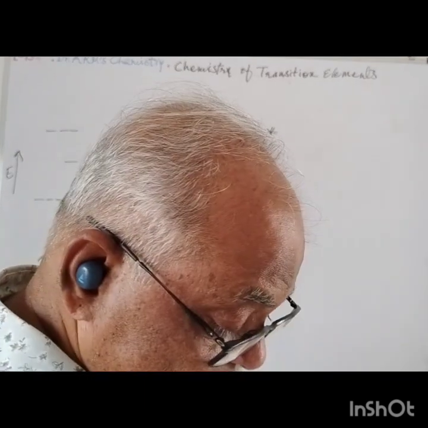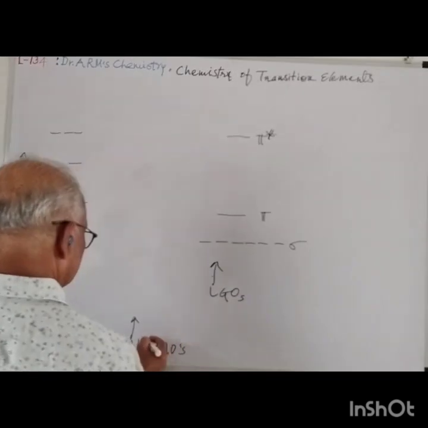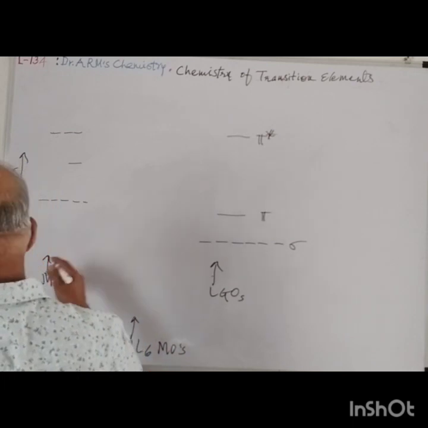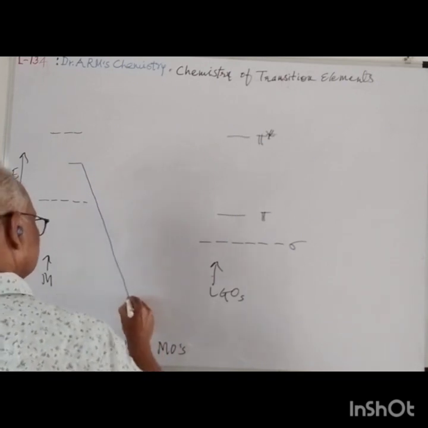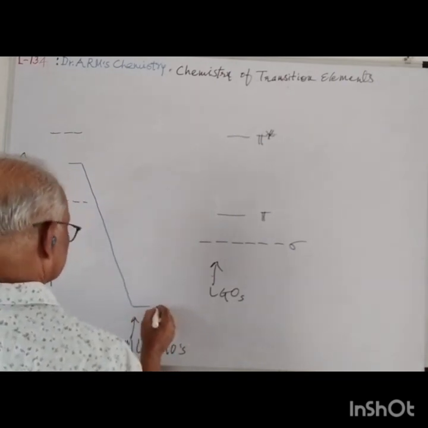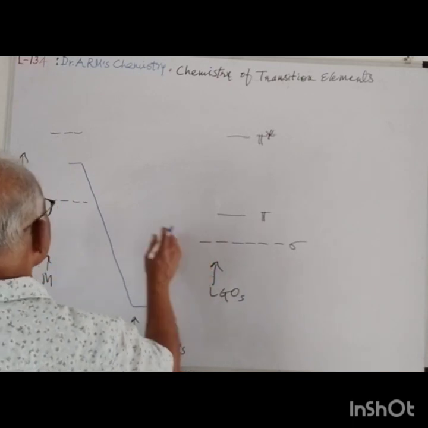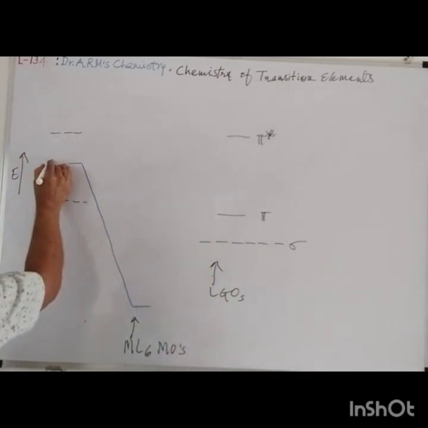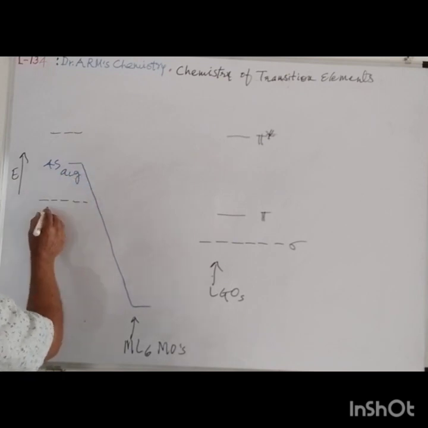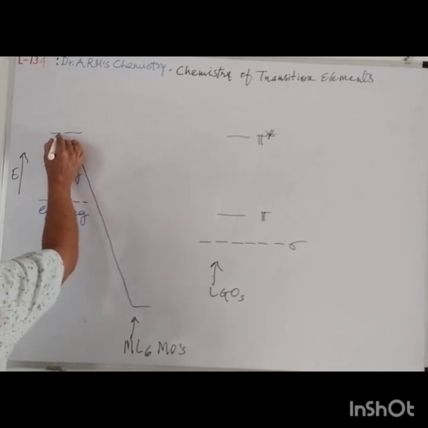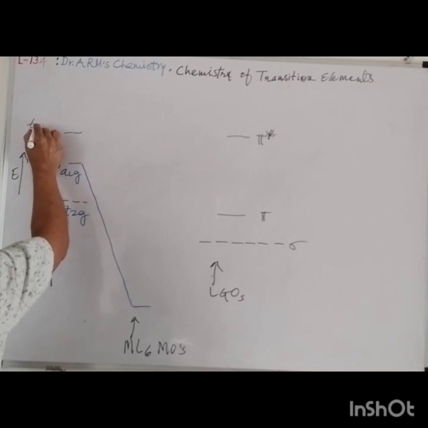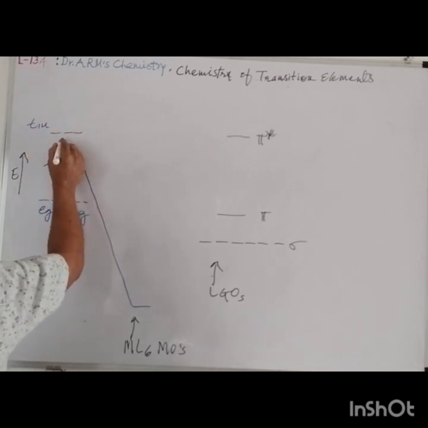Now we will have the molecular orbitals of these metal atoms. We will have the ligand group orbital of sigma symmetry and the metal orbital, that is the 4s of A1g symmetry. This will contain the Eg symmetry orbitals plus T2g symmetry orbitals, and the T1u symmetry orbitals, that is the four p orbitals.